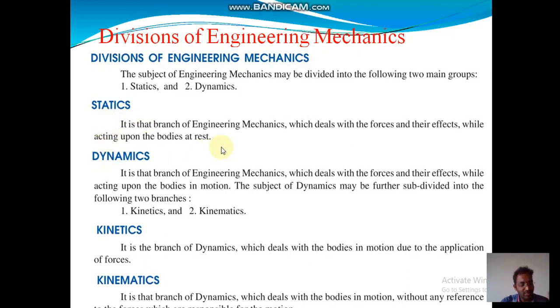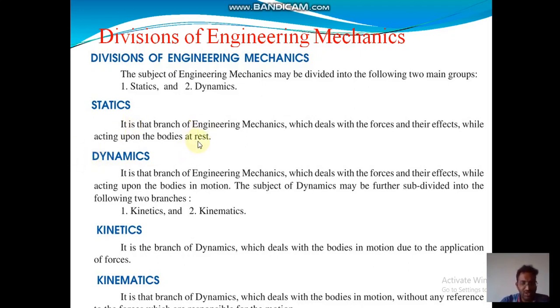Same definition. Statics and dynamics are branches of engineering mechanics. Under the action of a force acting on a body, if the body is in motion condition and we study that, then we can say it as dynamics.